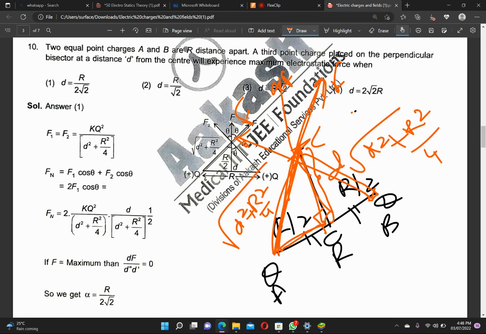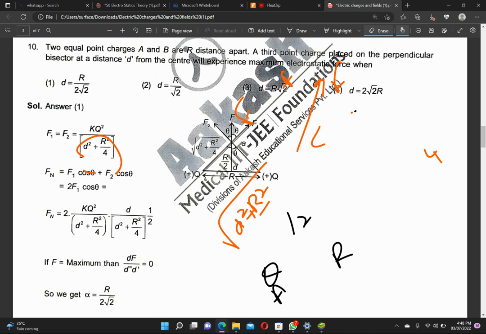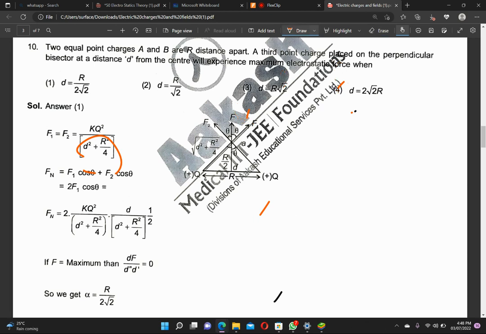Equal charges repel each other, so one force goes this way and the other goes that way. F1 equals F2, which is kq square over the distance square. Looking at the diagram again: this is your q, this is your q, and here is your small q.